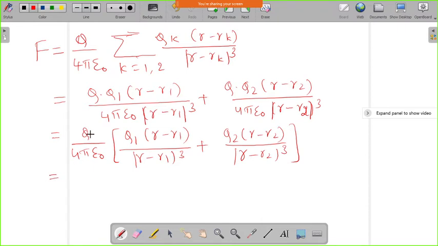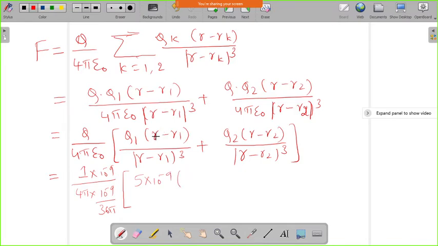What is the q? We need to find the force on 1 nanocoulomb, that is 1 into 10 power minus 9, divided by 4 pi epsilon naught, where epsilon naught we can write as 10 power minus 9 by 36 pi. Okay, so now we can find the other values. The q1 is 5 nanocoulomb, 5 into 10 power minus 9.